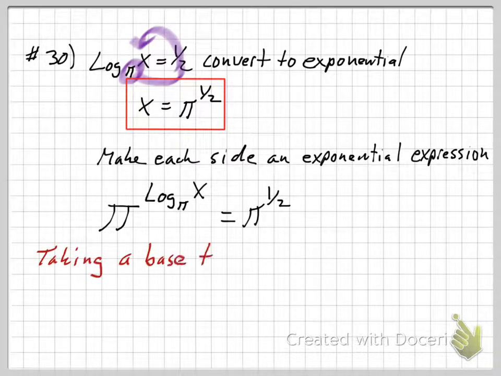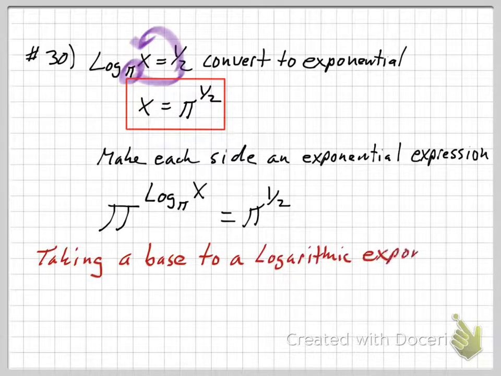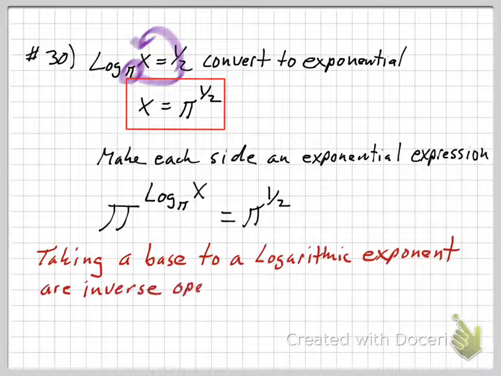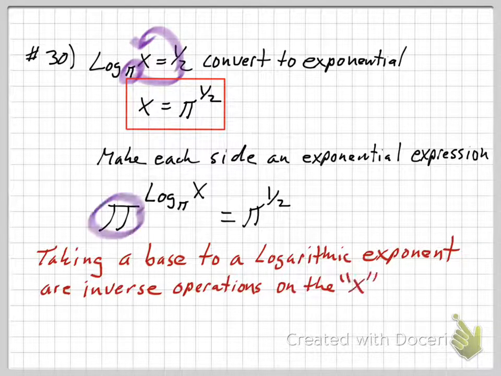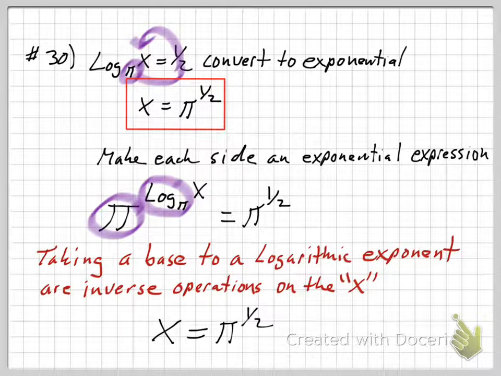What is my original function? My original function is log base pi of x equals 1/2. So I'm going to raise both sides of the equation to an exponent. In my exponent, I want my base to be pi, to match the base of the logarithm.